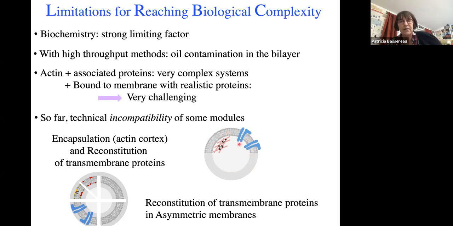But so far it's a difficult challenge. And similarly, to reconstitute transmembrane protein into an asymmetric membrane is also a challenge. And I would say right now we have to develop more techniques to overcome all these challenges. And I hope that soon we will be able to get everything at the same time.